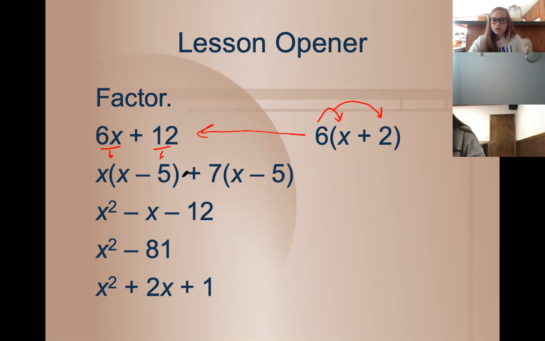Harley, what's the common term in this one? What can we factor out of here? X minus 5. Okay, so pull out an x minus 5, and what are you left with in the other parentheses? You pull out an x minus 5, what are you left with?